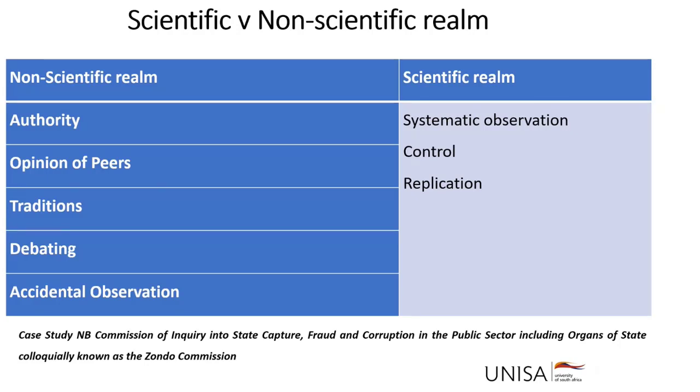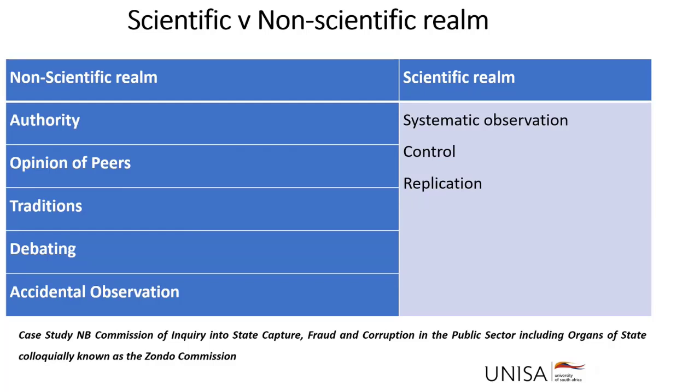Just by way of going back a little bit to jog the memory. When we started, some few weeks back, we spoke about the difference between scientific and non-scientific approaches. We spoke about the non-scientific approach that focuses more on authority, the opinion of your peers, traditions, debating, and accidental observations.